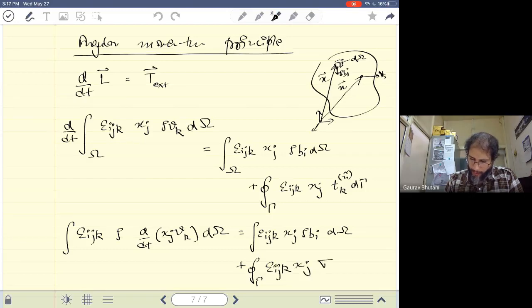This becomes sigma kl nl. Right, so that's applying our Cauchy stress formula.